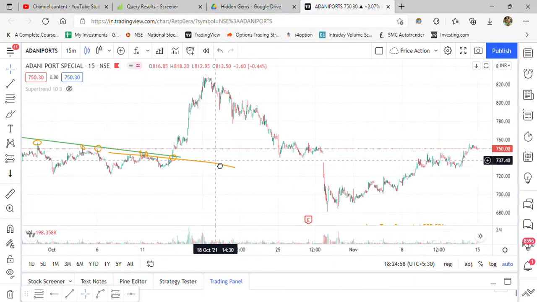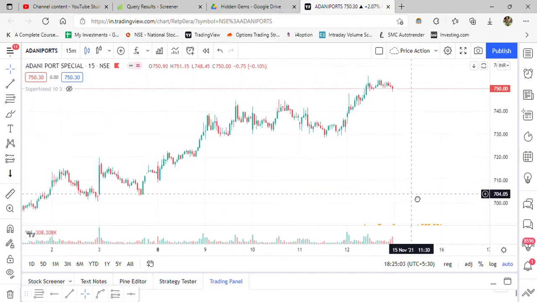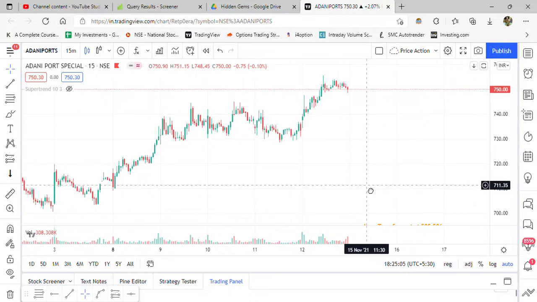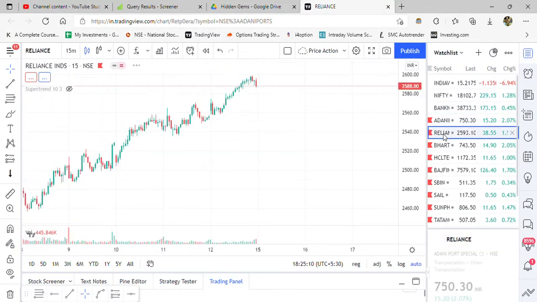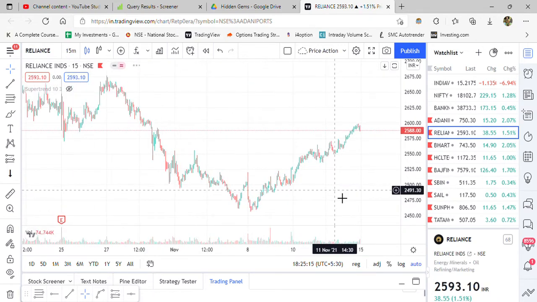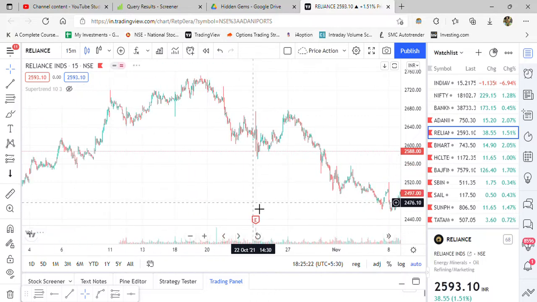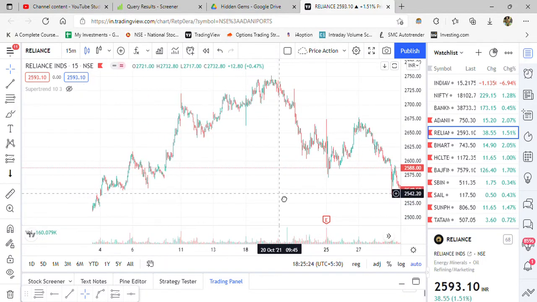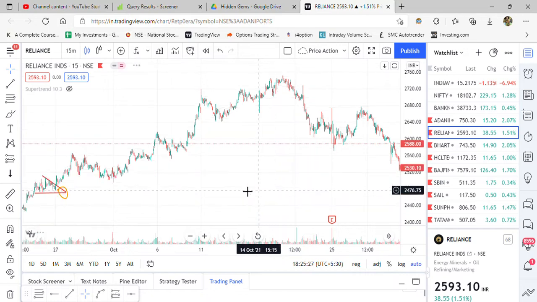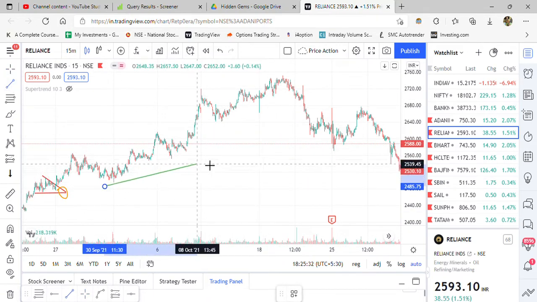Now let's see one more stock, Reliance. So what Reliance did, now I will mark it here.